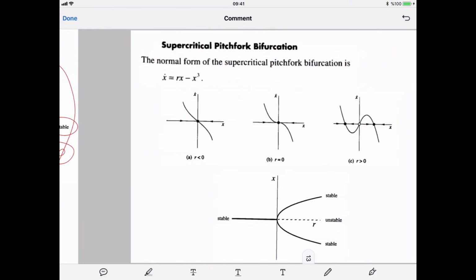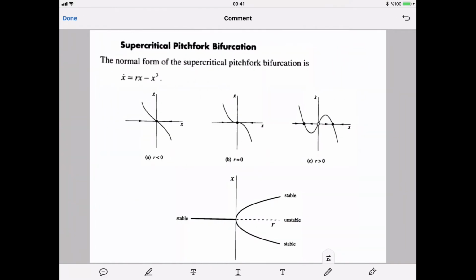So let me give other examples. For example, supercritical pitchfork bifurcation, which is modeled by this equation, where you have a stable fixed point, and then it becomes unstable while producing 2 other stable points, okay?